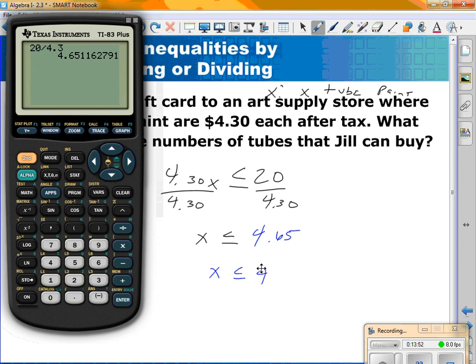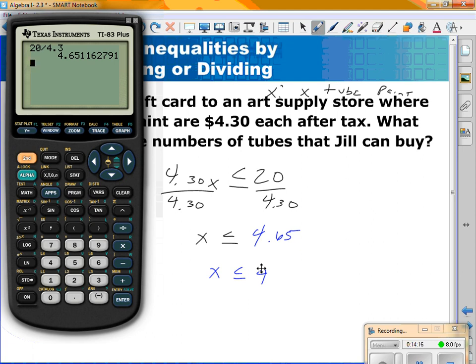Can I buy 5 tubes of paint? Why? See, now I'm getting you to think. I don't have enough money to buy 5 tubes of paint. I only have enough money for 4. These are those types of questions you see on the tests, like the PSSAs and the Keystones.